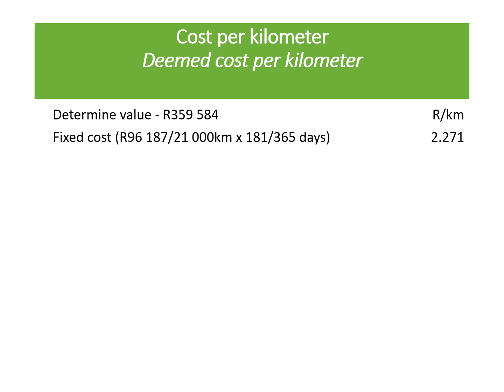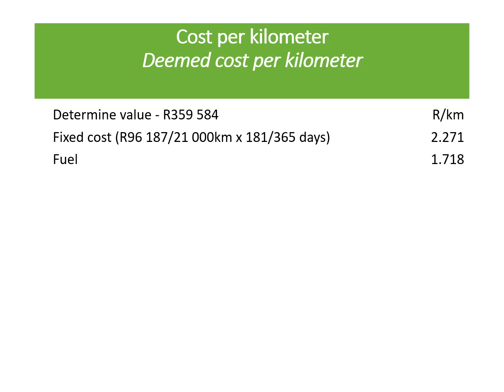If it was received for a full year, your calculation would stop here. But now in this example, it was received from September to February, so it has to be apportioned. So the days in that period was 181 days, and that divided by 365 days for the year then gives you a figure of 2.271 Rand per kilometer.